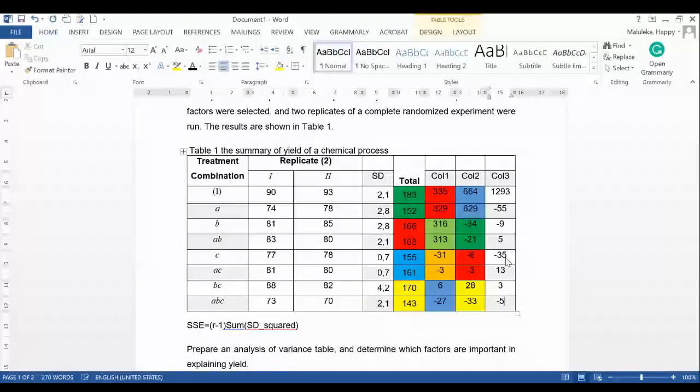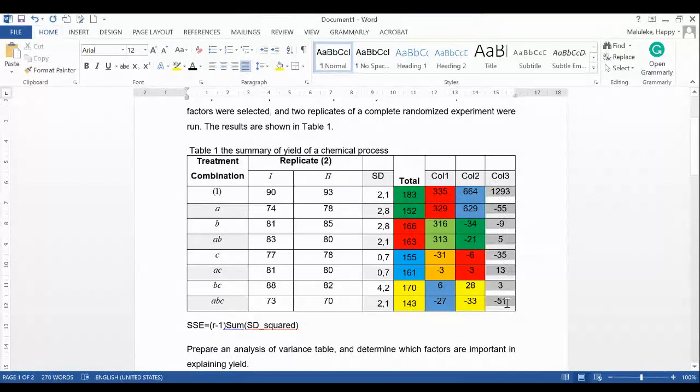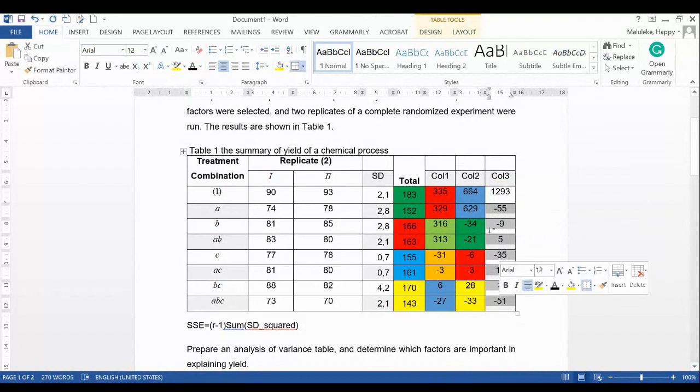It's just with this part here, even if you made a mistake with the sign, it won't affect it if it's the last column. Even if the answer here is supposed to be negative, it's supposed to be 55 and not negative. Remember, I'm still going to square these values, so they will change to positives when you square them. So even if you made a mistake of sign, as long as it is on the last column, you are still safe to get the ANOVA table right, but you'll be penalized for writing the wrong value there.